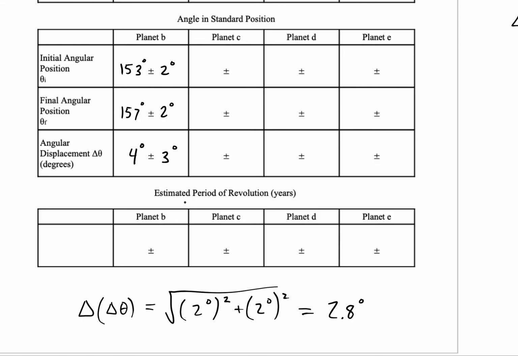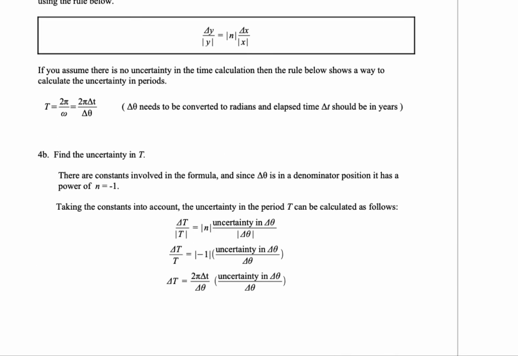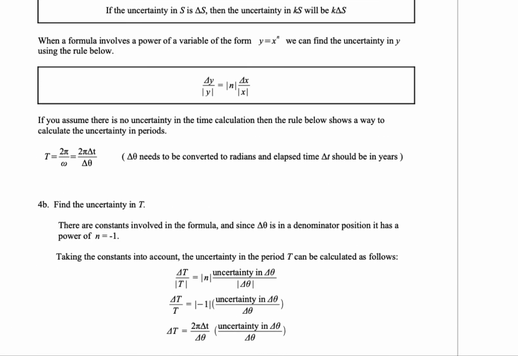Now we want to get the period of revolution for the planet. That would be t. And so there's a formula here for finding the period. And it is already kind of rearranged for you so that you can plug in your time.